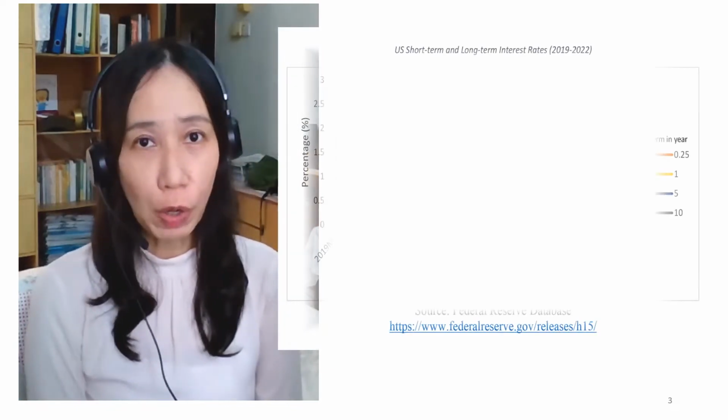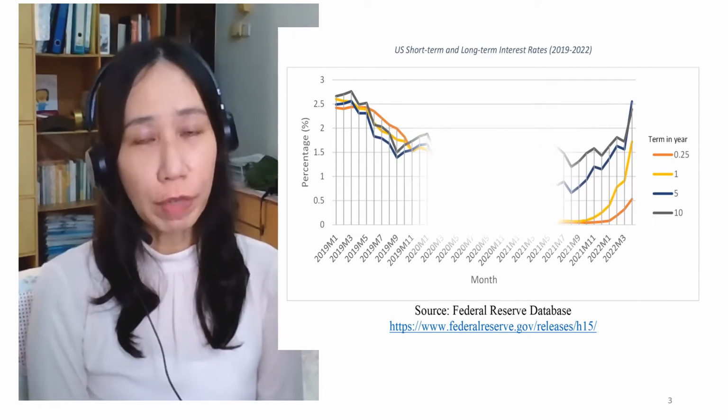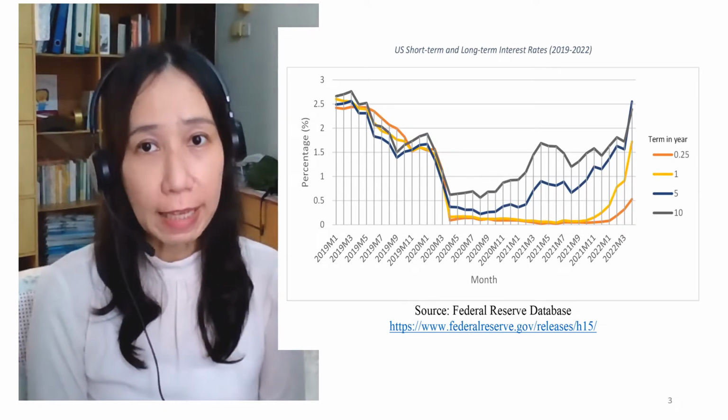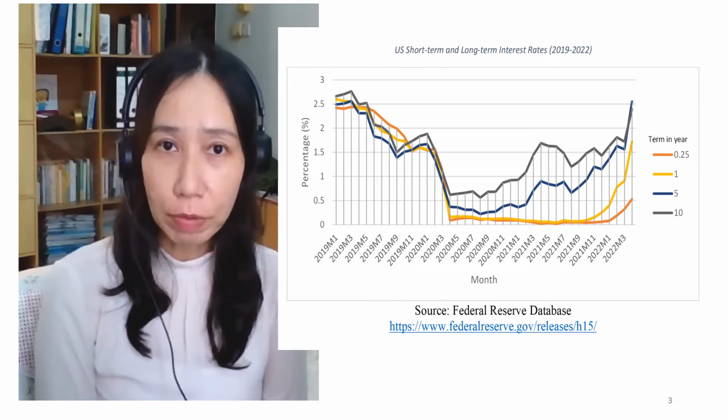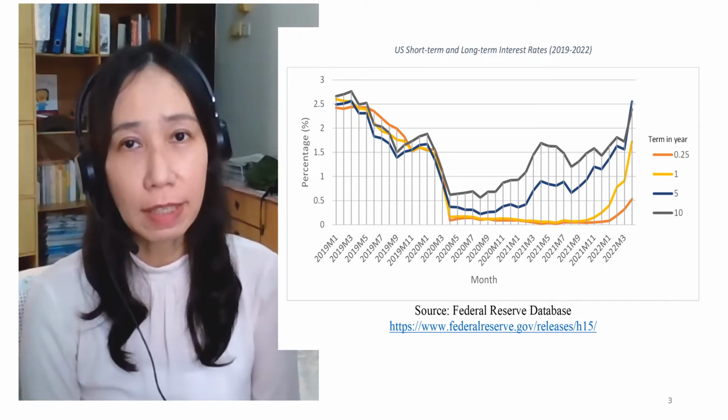Since the outbreak of COVID-19 pandemic in early 2020, the term structure of interest rates has been unstable, with positive and inverted yield curves occurring in the United States.